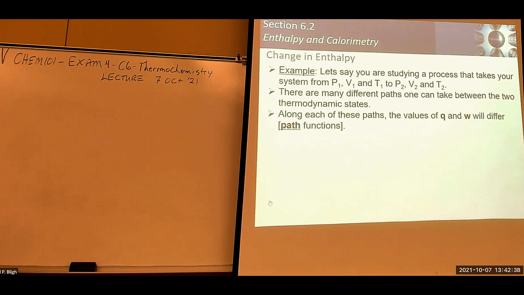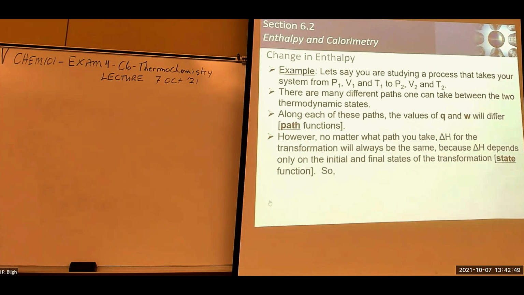And along this pathway, Q and W both will differ. However, no matter what path you take, delta H is going to be constant. It's going to be the same, no matter what path you take.